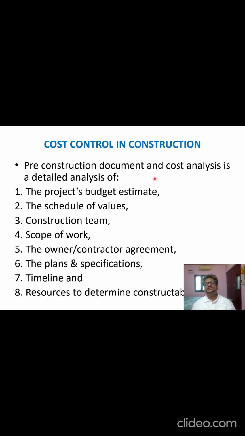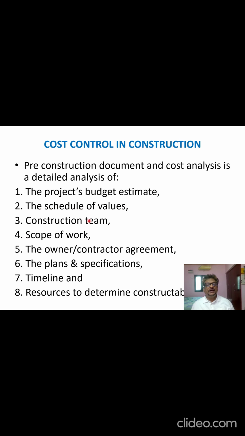Now, pre-construction documents and cost analysis. Before the start of the project, there should be pre-construction documents. What are those detailed construction documents and analysis? It is a project budget. The project budget has to be in place before the start of the project. Schedule of values: before the project starts, we should have the schedule of completion and construction team.